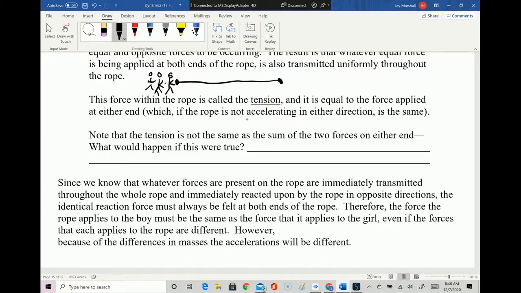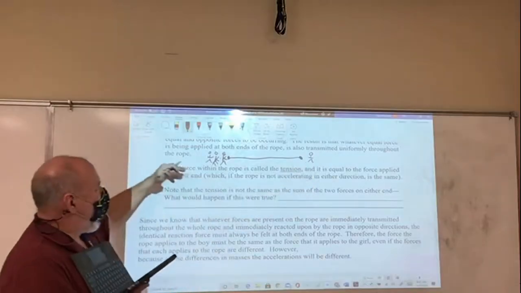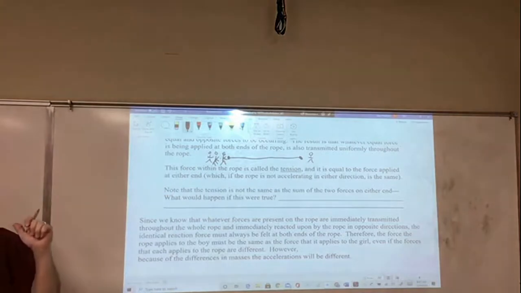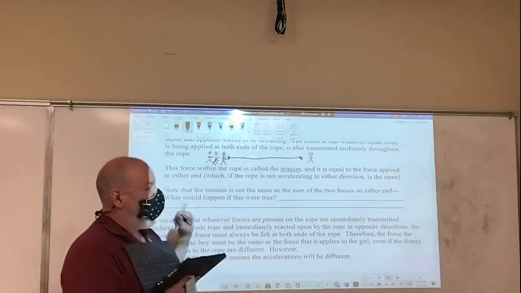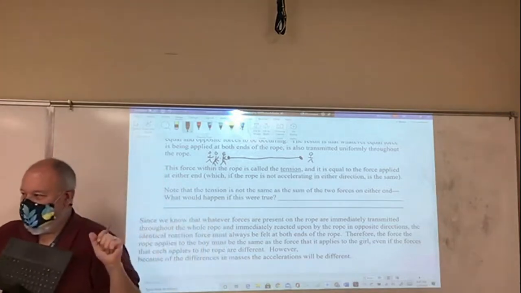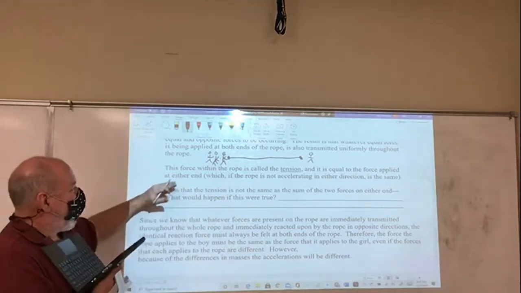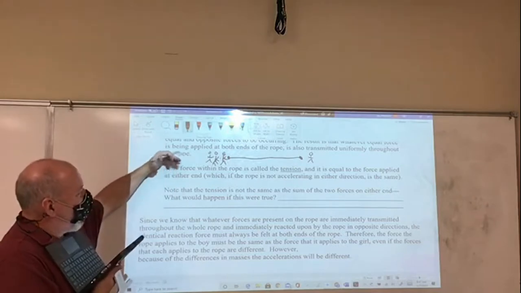And I've got one person pulling at this end. Okay? If I've got 3 people pulling here and 1 person pulling here, the force within the rope is called the tension.